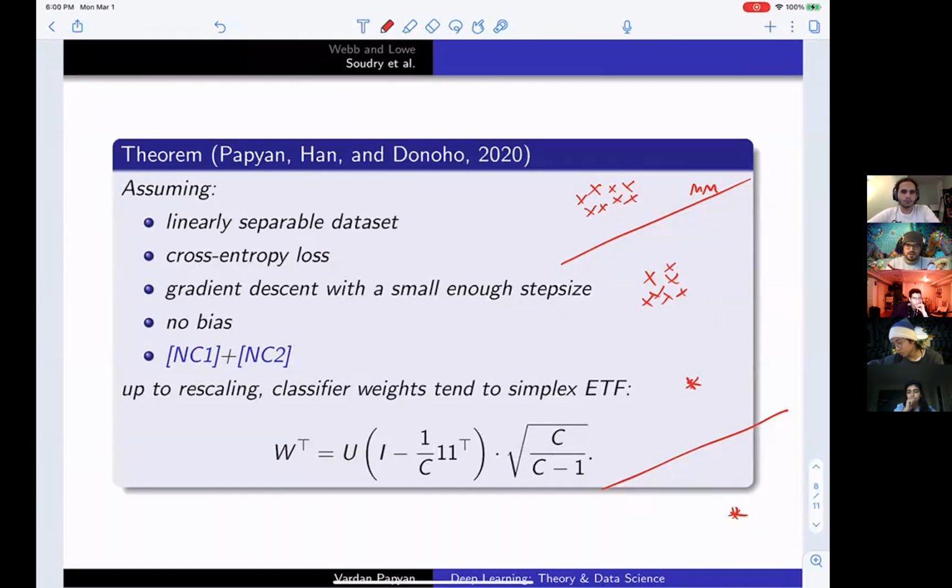So one way to think about this theorem is that it boosts the original theorem in that it says that if you inject extra assumptions, which are correct assumptions, you get extra properties about the classifier, which are also correct properties.